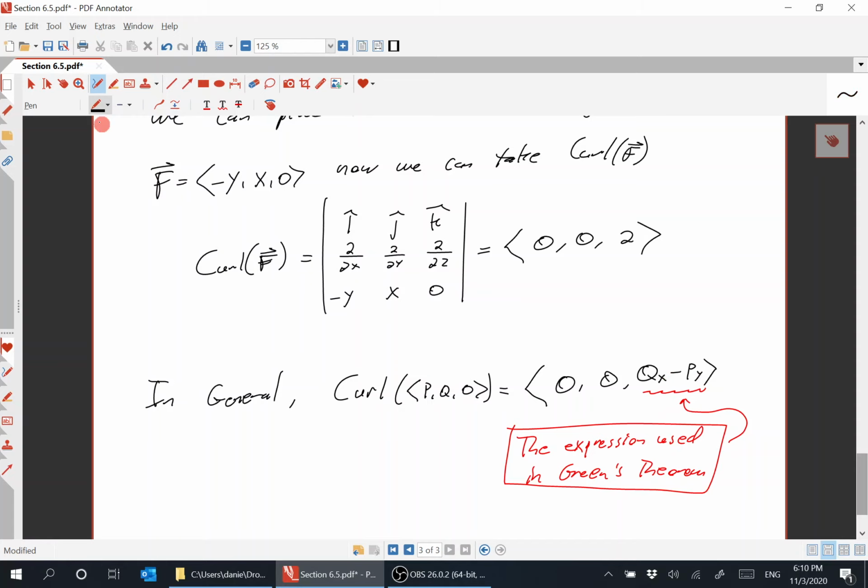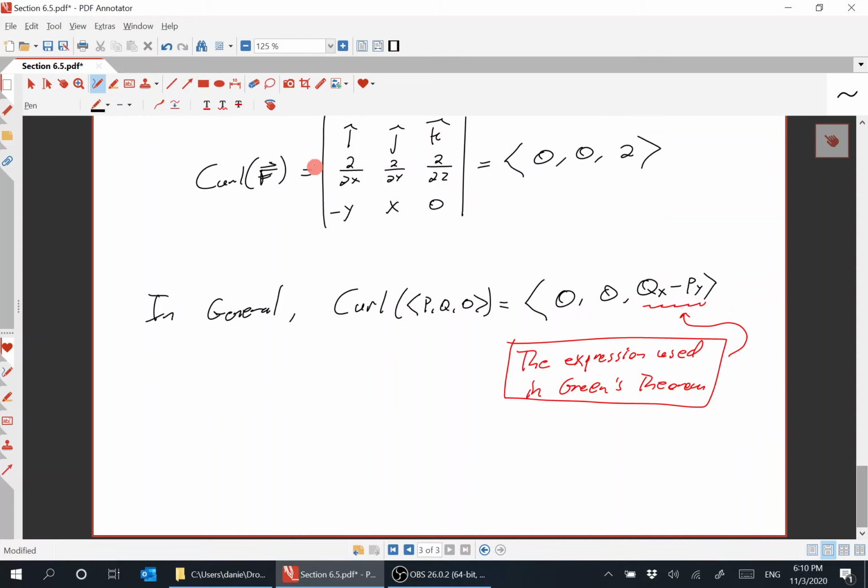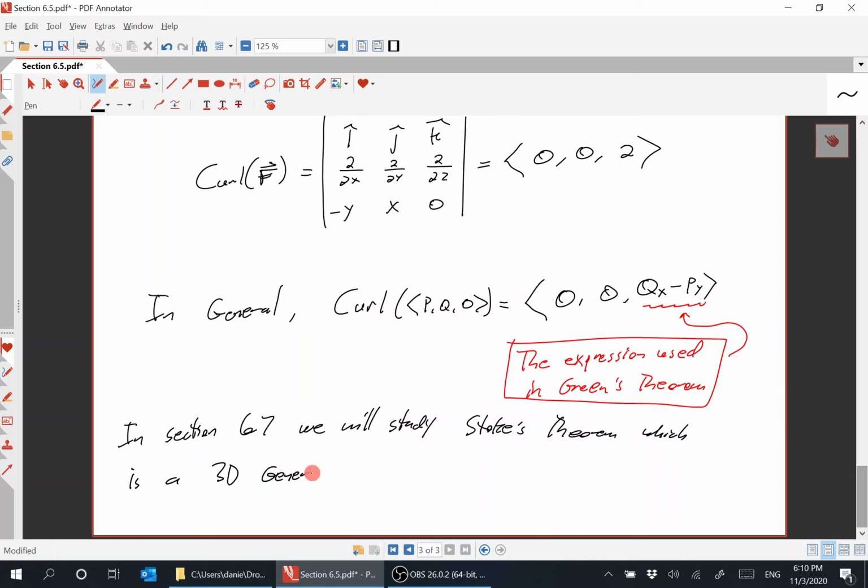And later we'll see in section 6.7 we will study Stokes' theorem, which is a 3D generalization of Green's theorem, as we will see.